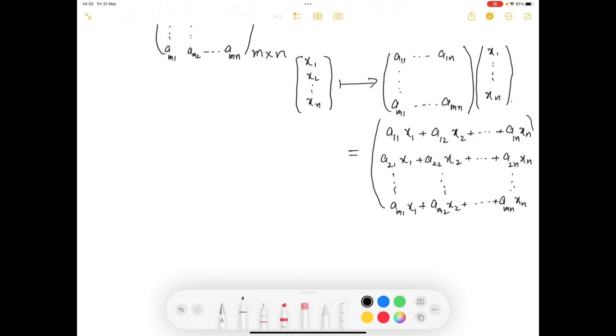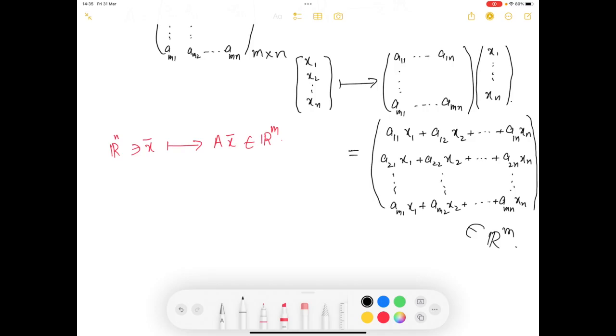So we see this is a vector in Rm. So in short notation, we will write that a vector x in Rn is mapped to A times vector x, which is a vector in Rm.